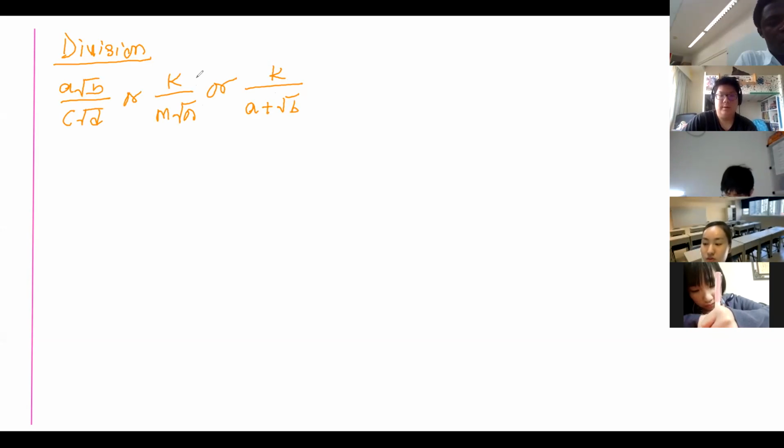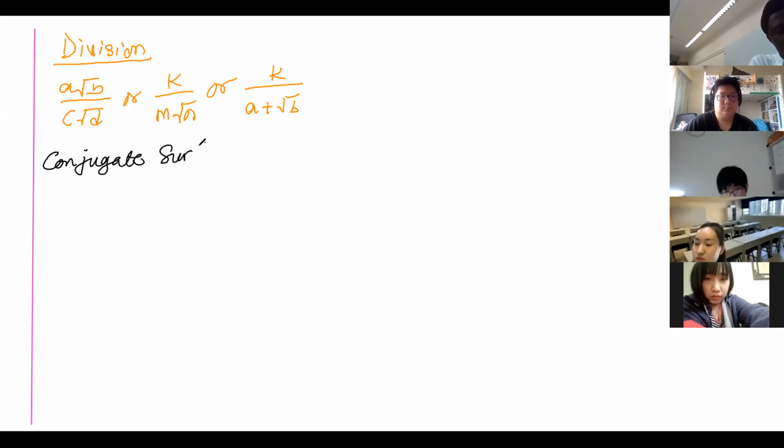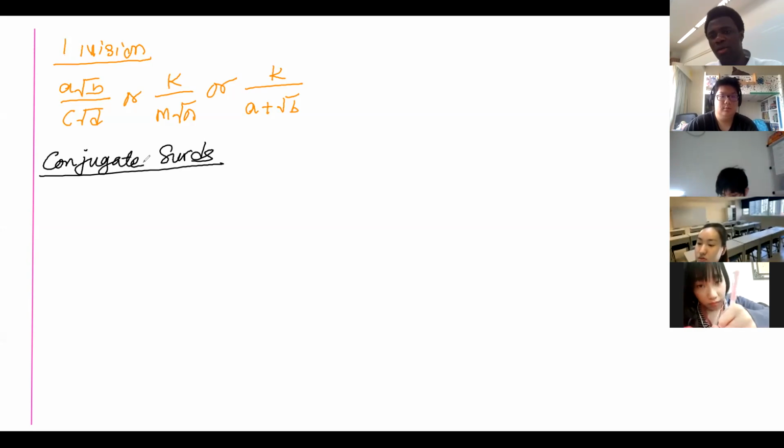But before we begin, we want to talk about this. Has anyone heard about this? These are called conjugate surds. Yes, anyone? Conjugate surds.